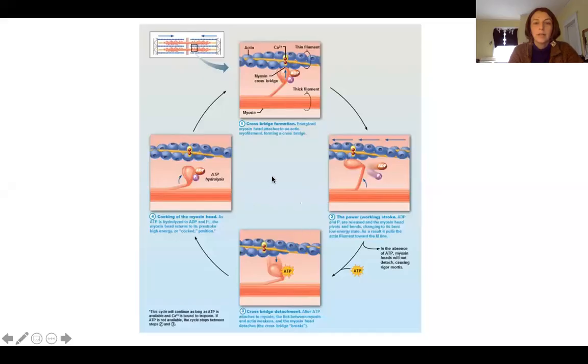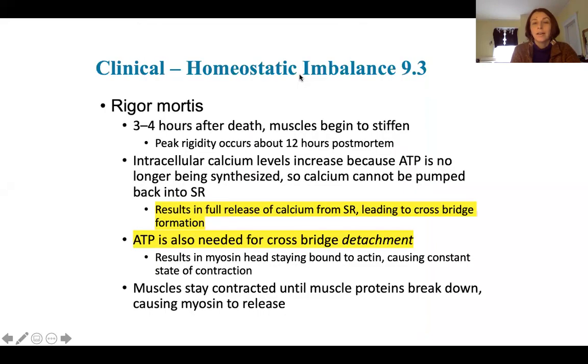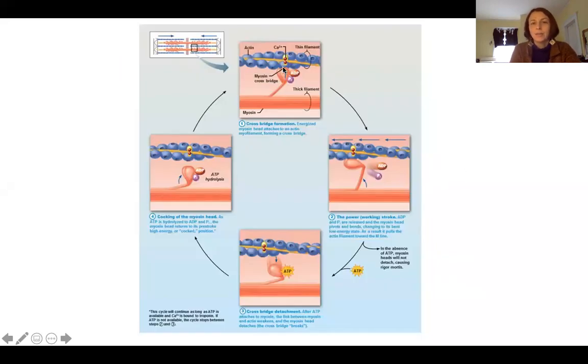Let's look at this whole thing happening all at once. Here is the cross bridge formation. There was a change in the amount of calcium released from the sarcoplasmic reticulum based on a nervous impulse. It causes a myosin head to attach to the active binding site because the tropomyosin has moved out of the way, so the site is unblocked, and then we get this power working stroke, where the head is moving backwards and causing a ratcheting effect.